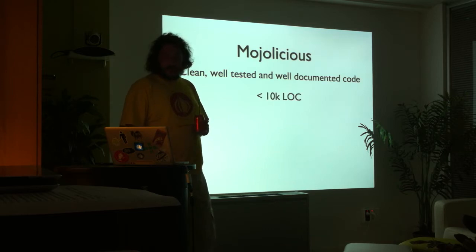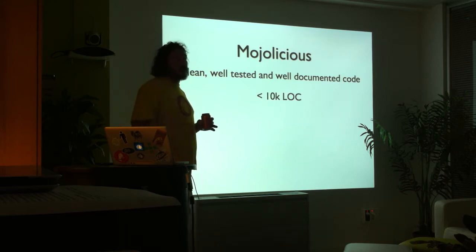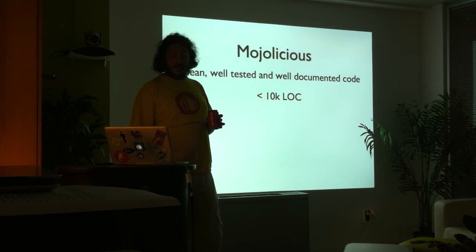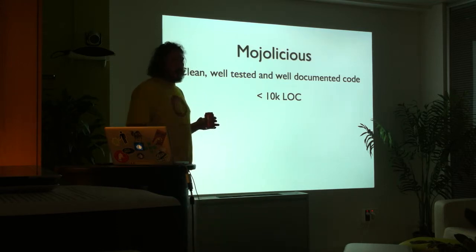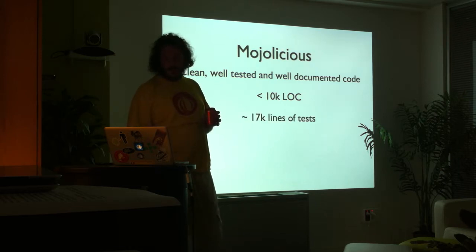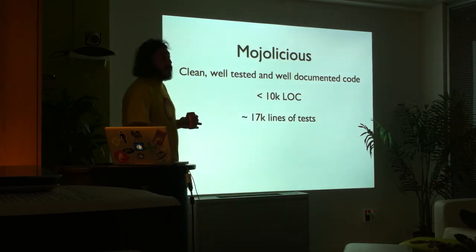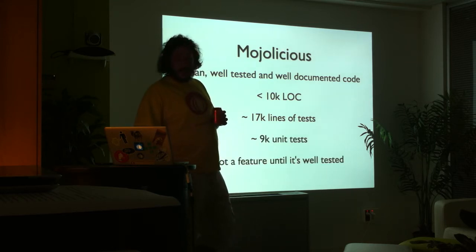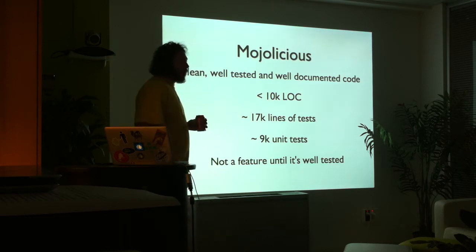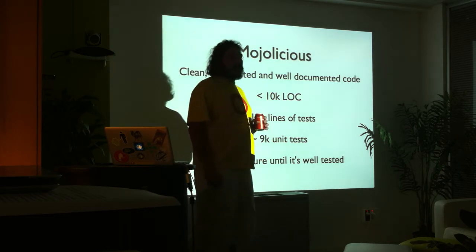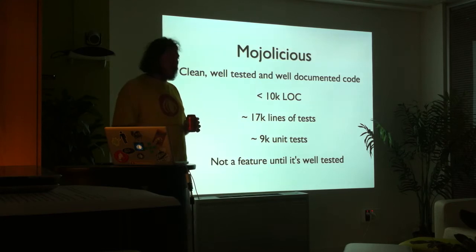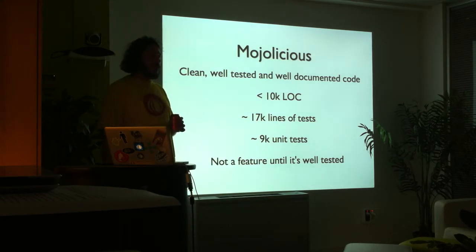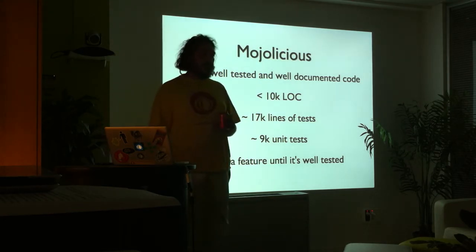One of the most important things in the Mojolicious core is to be minimal and well tested. It's less than 10,000 lines of code. It has 17,000 lines of tests. It has 9,000 unit tests. And there is a rule in the core team that says there is no feature if there are not enough tests for it.